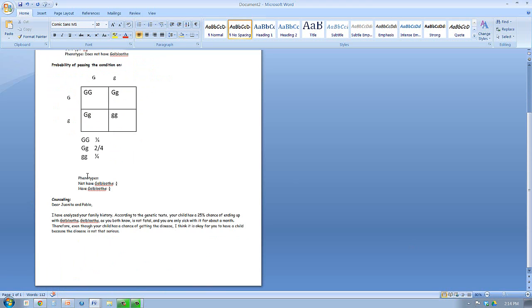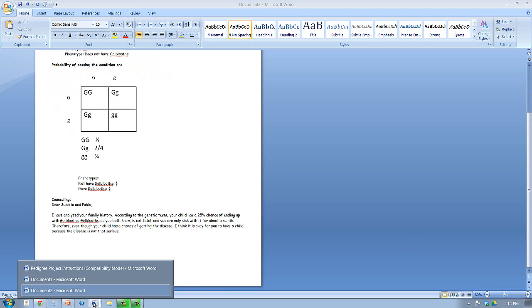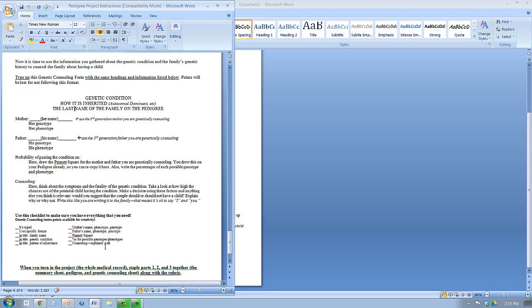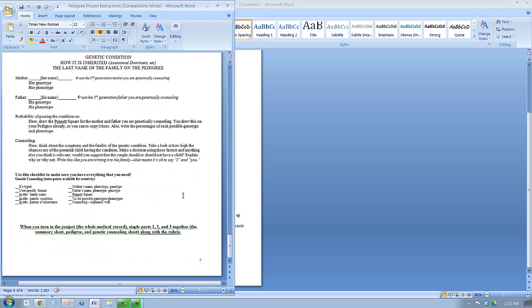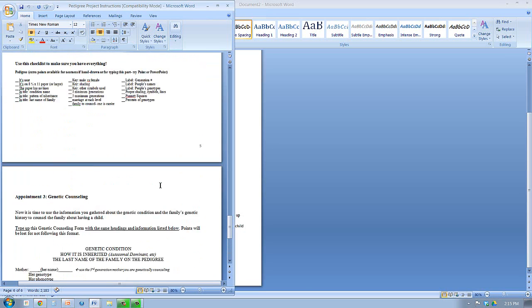When you are done, staple all 3 parts together in the order that you did them and turn it in, along with the rubric. That's that long sheet that has all the different gradings on it. If you did not grab one, they are in the bin, so staple one on. It does not matter if it goes on the front or the back, but turn in all 3 parts plus the rubric together.